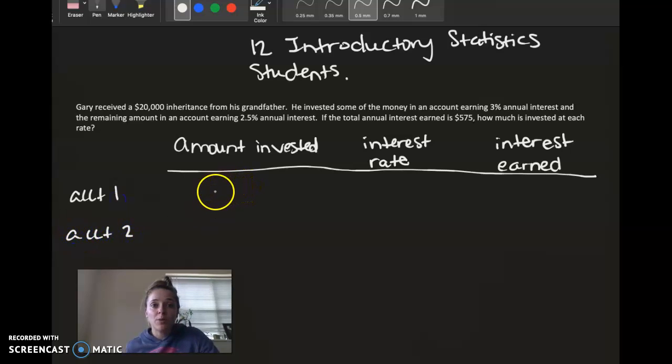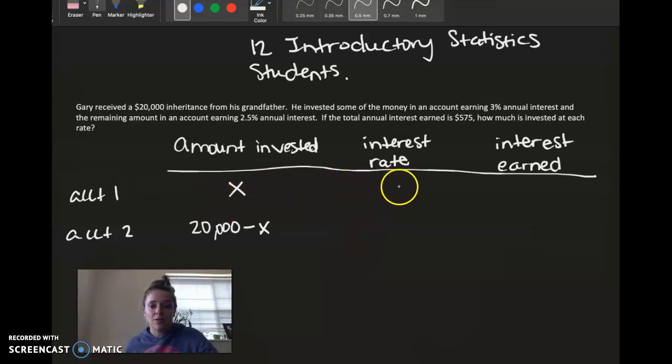I don't know how much I invest in either. So for account 1, I'm just going to say I invest x amount of dollars. But I know that the total amount of dollars I have is 20,000. So if the rest is invested in account 2, then that's the 20,000 that I originally had minus the amount that I already invested is what I'm going to invest in account 2.